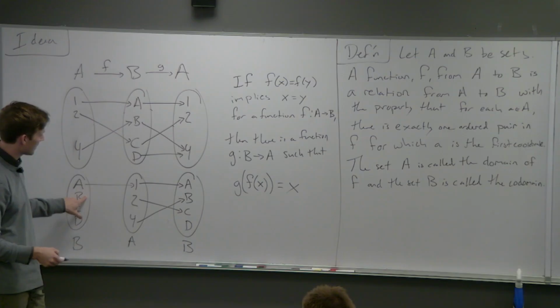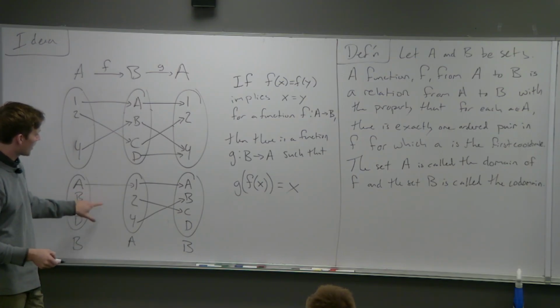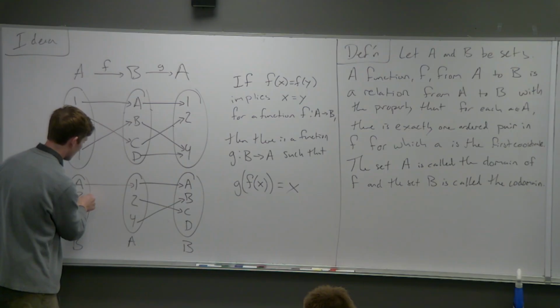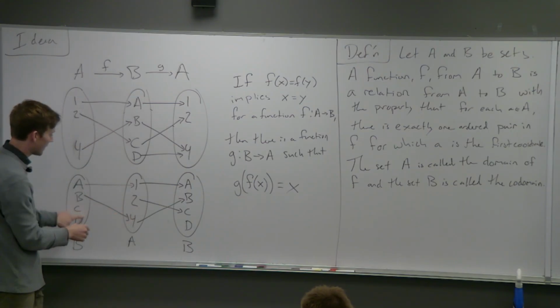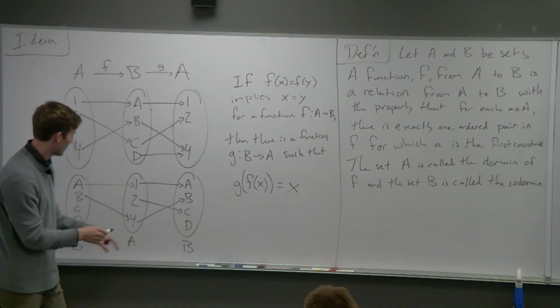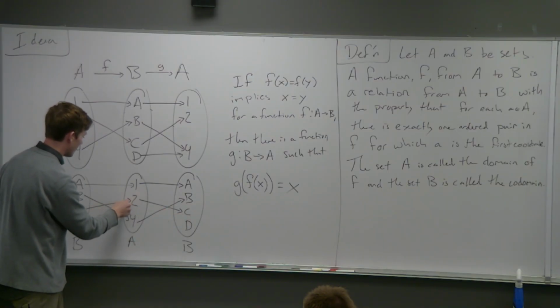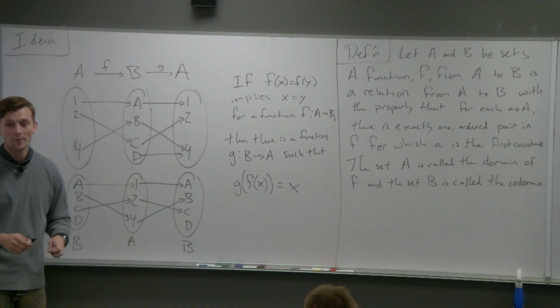I can take B to somewhere where I'll get back to B. I can take C to somewhere where I'll get back to C. But can I take D to anywhere where I'll get back to D?